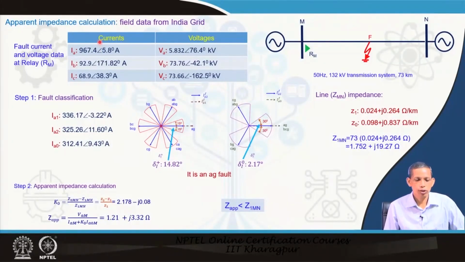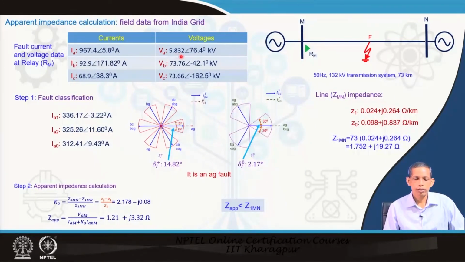For the situation, fault data are available, as the relay recordings provide. The fault current at the relay is IA having 967.4 with an angle of 5.8 degree, IB having 92 point this and IC having 68.9 ampere.